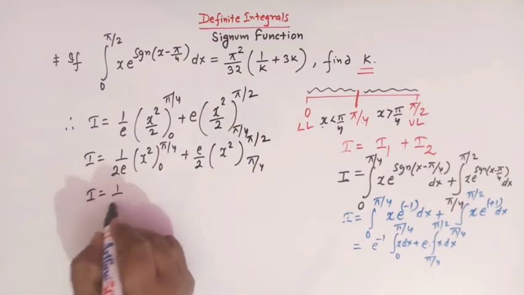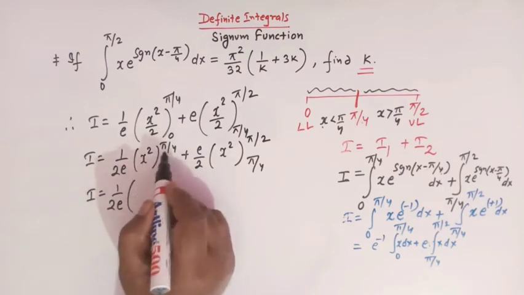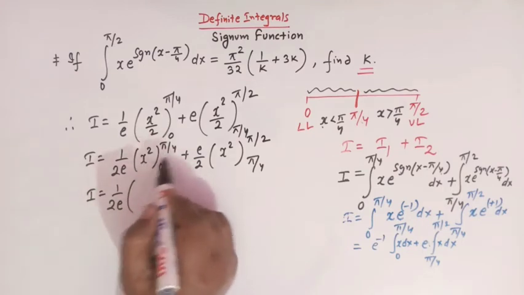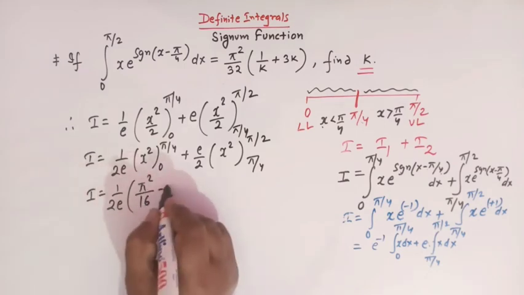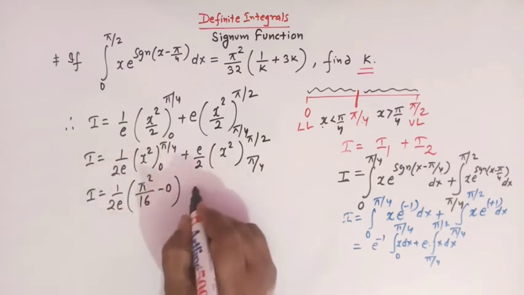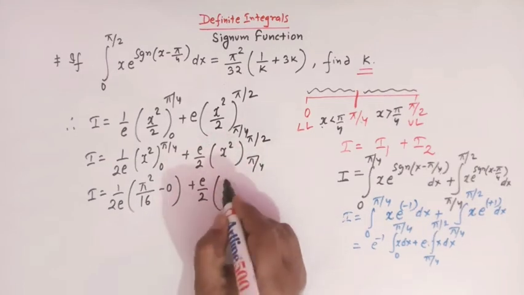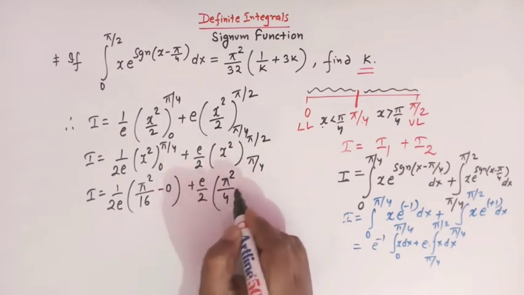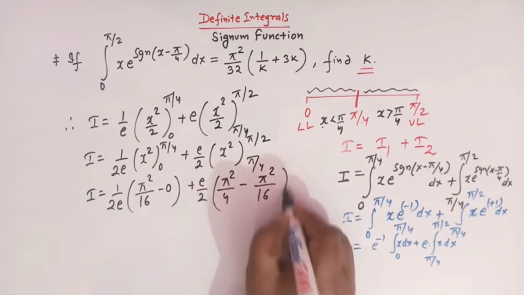So now we can write it as 1/(2e). We can substitute the limits and take the difference. So we have π²/16 minus 0, and here we have e/2, and we have π²/4 minus π²/16, right?